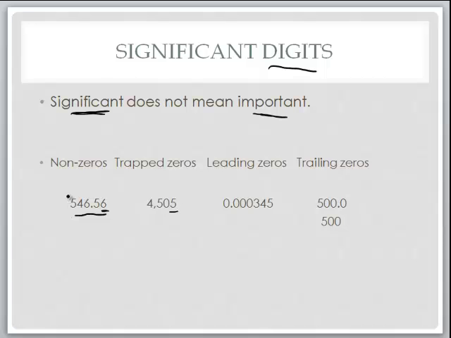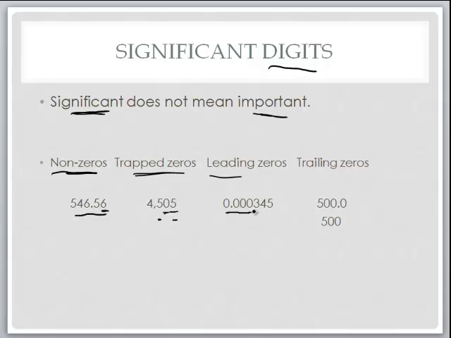And there's going to be 3 different scenarios, or I should say 4 different scenarios, sorry. We have non-zero digits, 5, 4, 6, 5, 6, and then we have zeros. Zeros can be trapped. In other words, that 0 there is trapped between 2 non-zero digits. The other thing we have are leading zeros.